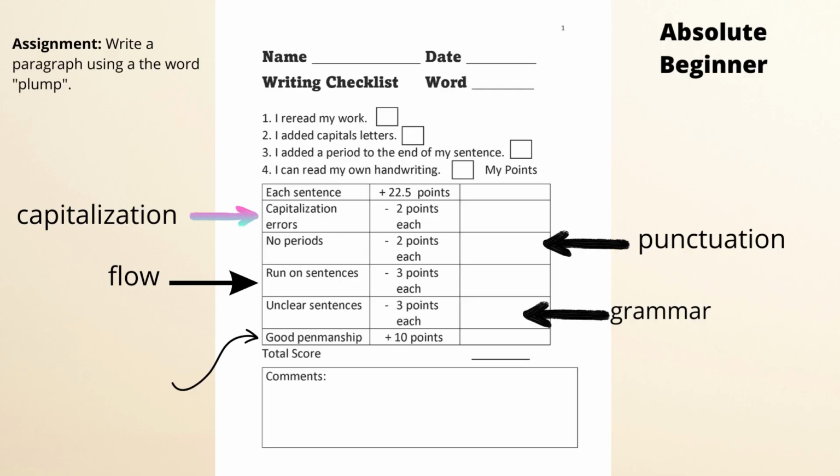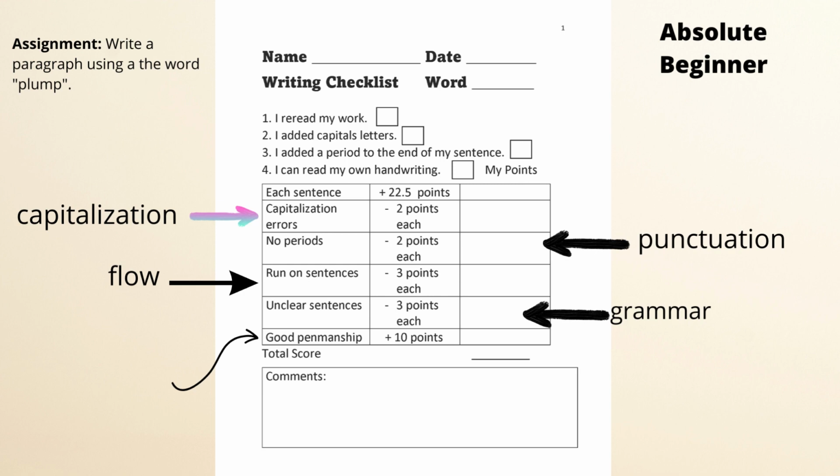In this slide, this checklist is for what I call an absolute beginner. The assignment is for the student to write a paragraph using the word plump. Some of the areas that are typically covered in a checklist include grammar, punctuation, spelling, and flow.